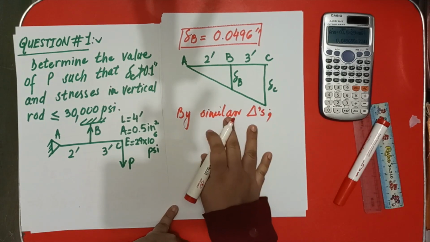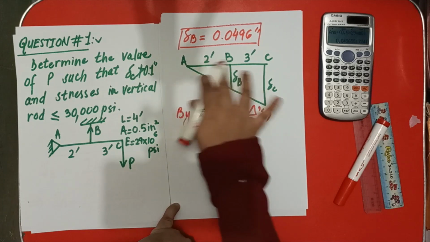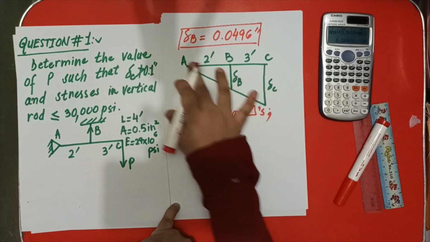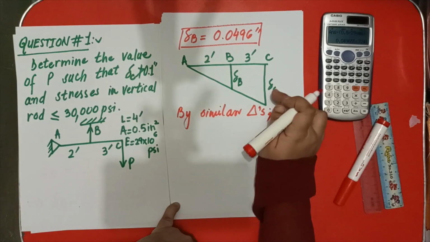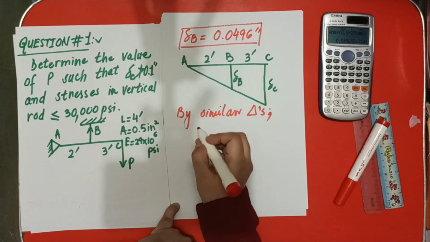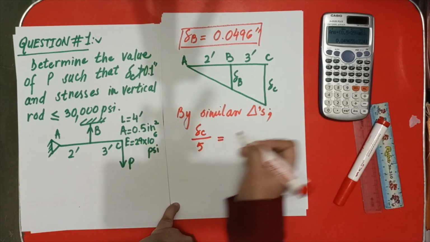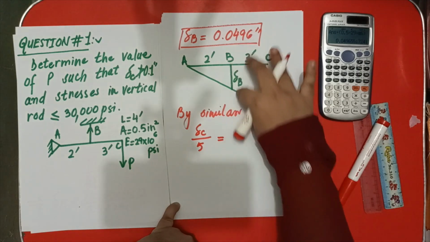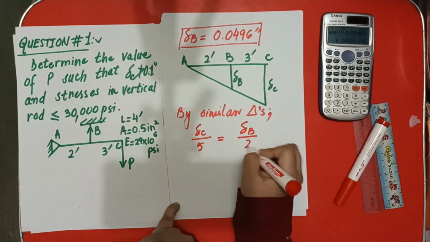So by similar triangles, first I will consider this triangle. When I consider this triangle, I have to find out ΔC first. So first of all, I have to take the bigger triangle. I will take this perpendicular and this base, so ΔC upon 5 feet. This is the smaller triangle, so this will be ΔB upon 2 feet.